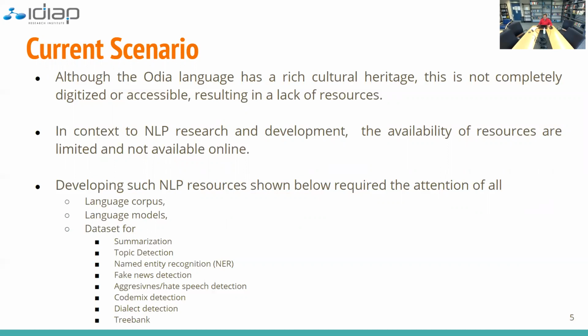When it comes to NLP resource development, the available resources are very limited, and another issue is that they are not available online. So most of the time researchers face problems particularly with Odia language resources. It is a problem similar to other low resource languages as well.